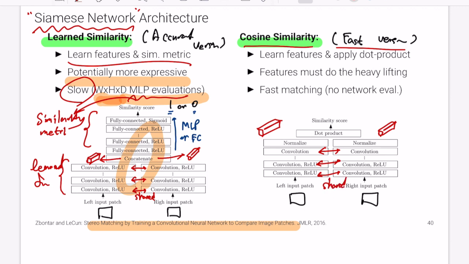But in this case, we directly compare feature 1 and feature 2 with a dot product, then measure similarity as 1 or 0. So in this case, we don't have any MLP for the similarity metric.